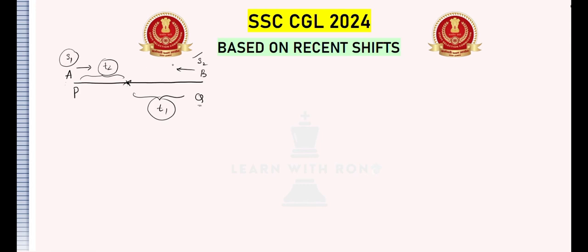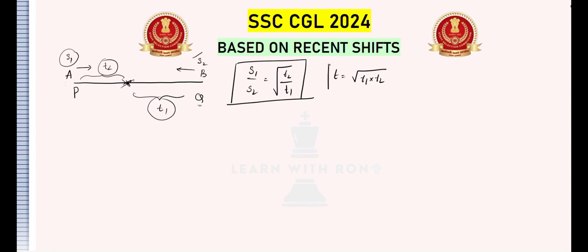So the relation between these speeds and times is nothing but S1 by S2 equals square root of T2 by T1. Try to remember, okay? And for example, if they ask at what time they meet at the crossing point, simply time equals square root of T1 multiplied with T2.